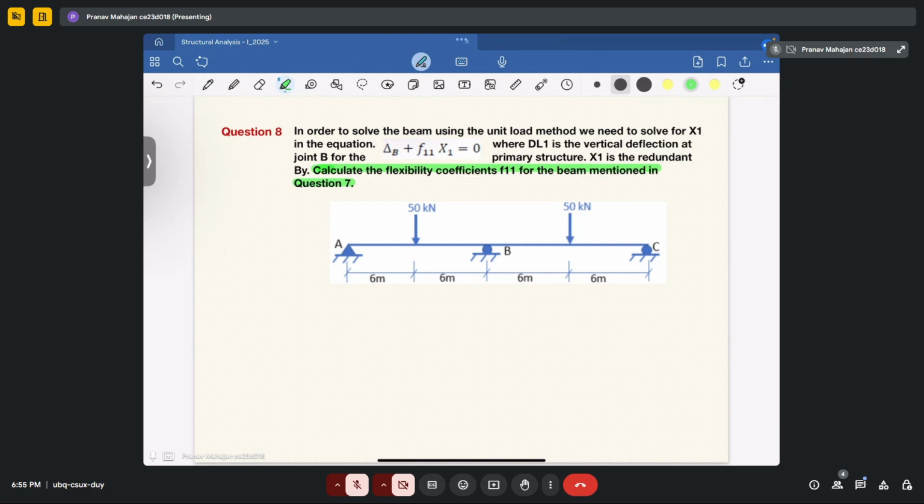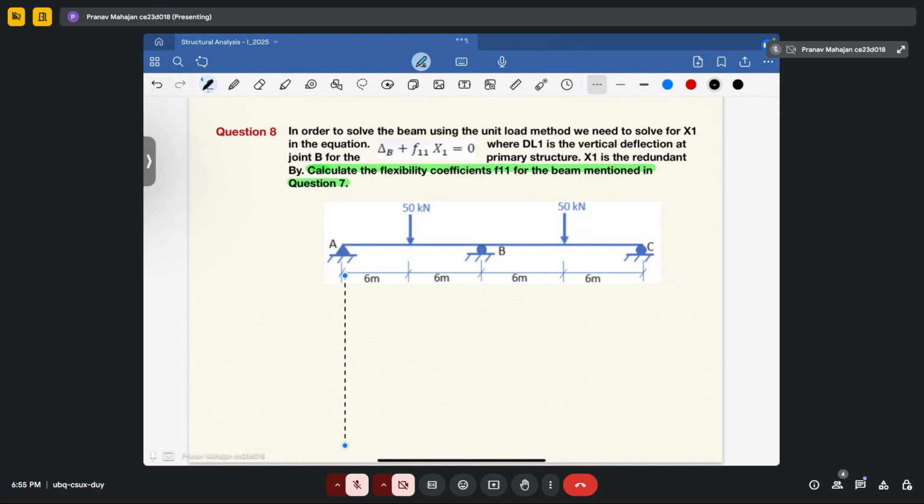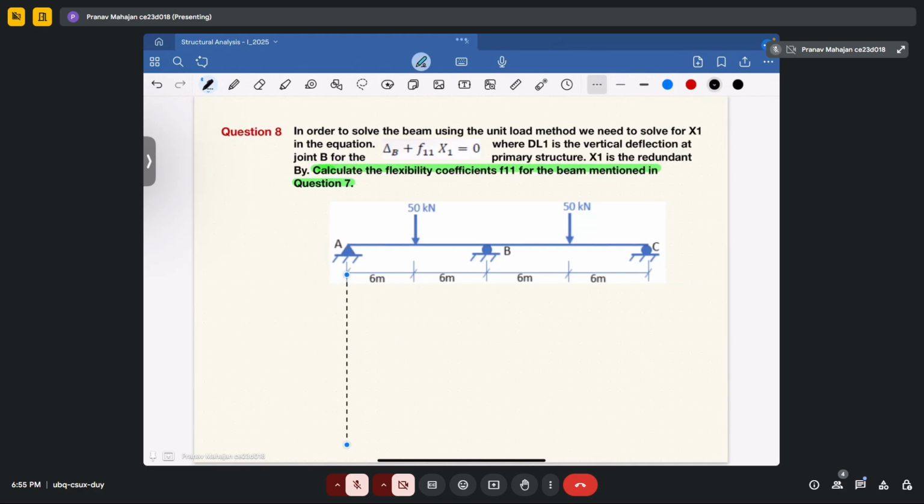So as we have seen in solving the flexibility coefficients, we have converted the beam to a unit load diagram by removing all the external forces and providing a unit load at the center of the beam where the redundant force is applied.